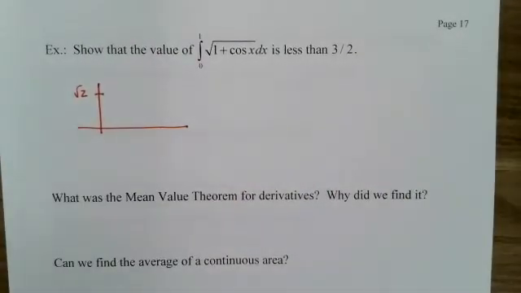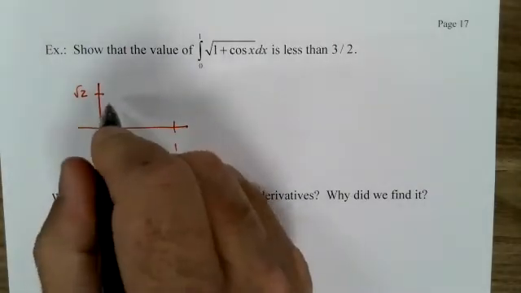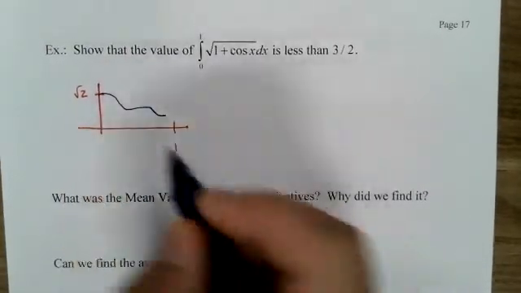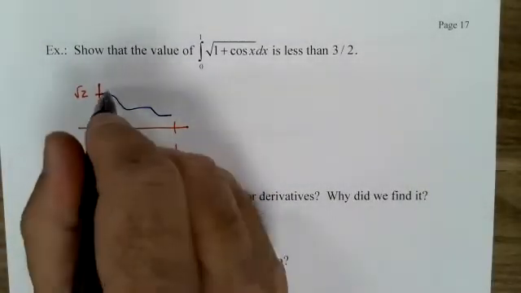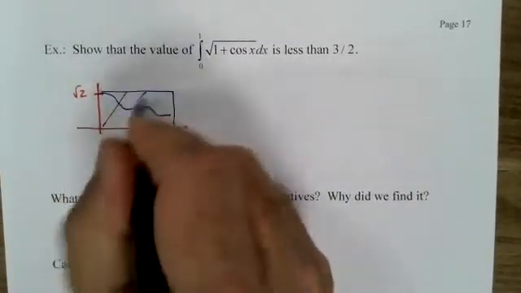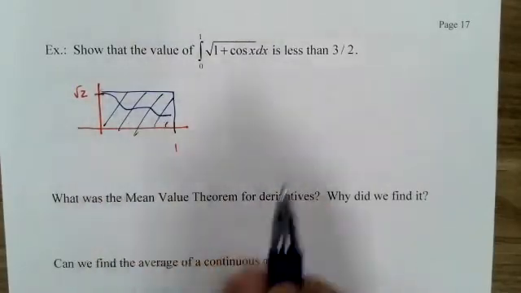All right, so we're going out here to 1. Whatever is going on in here, I have no idea, and I purposely made a crappy curve. The outer edge will be greater than that inner one.